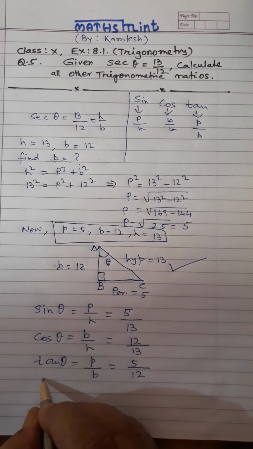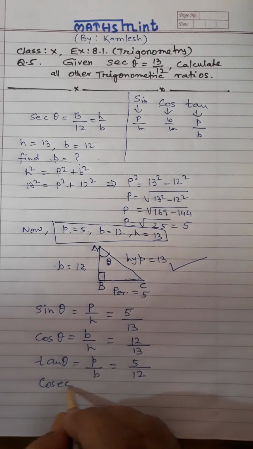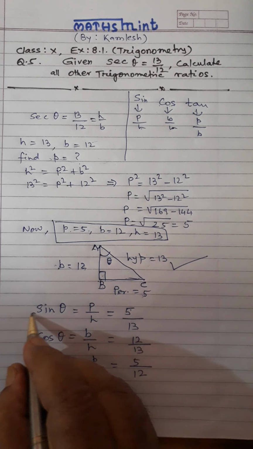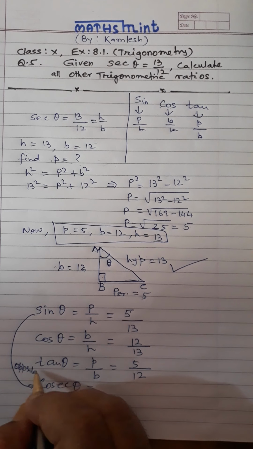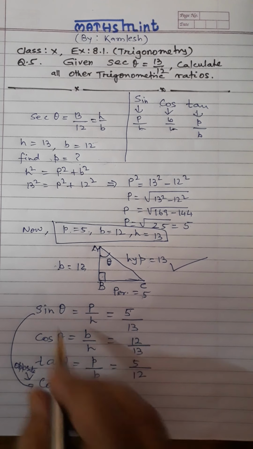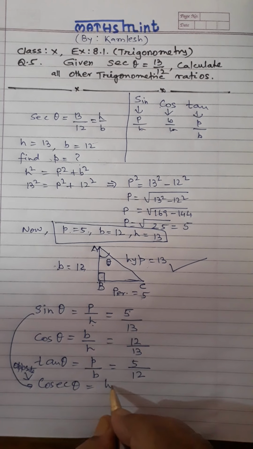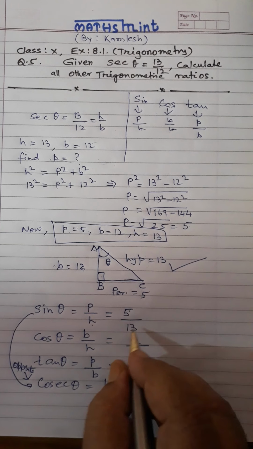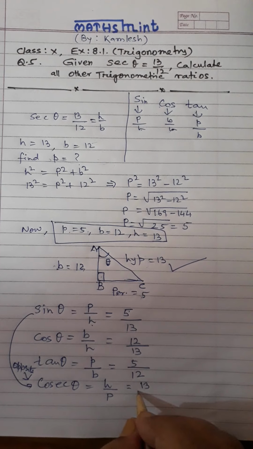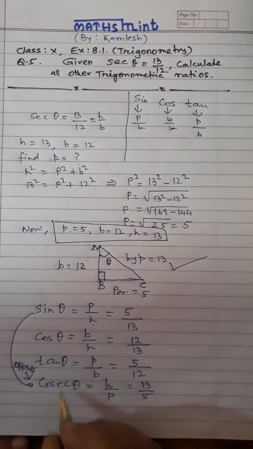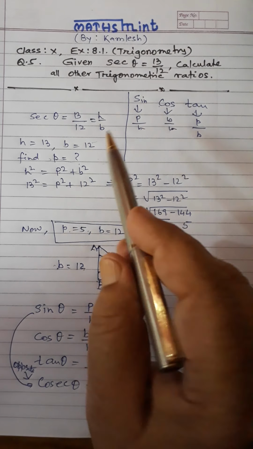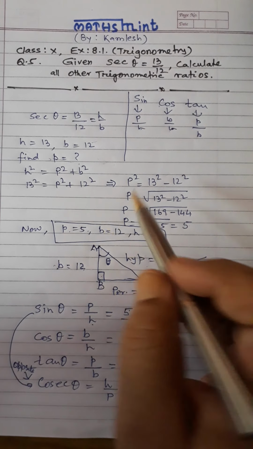Now cosec theta, cosec is opposite of sin theta, so it will be h by p, it will be 13 by 5, right? Sec theta is given in the question, so it does not need to be written here.